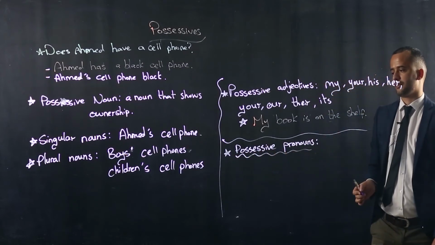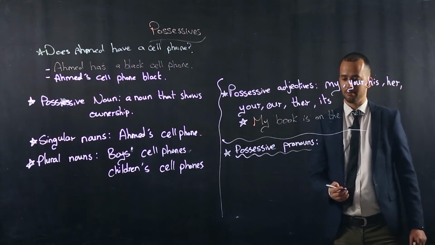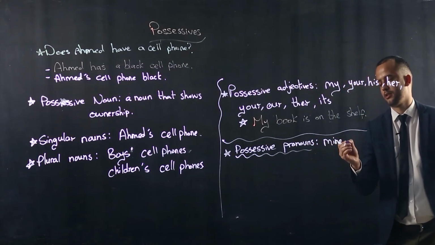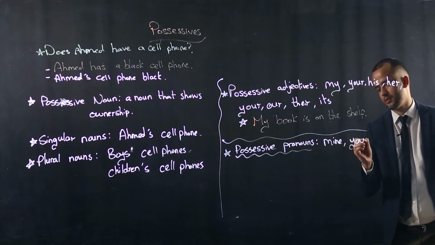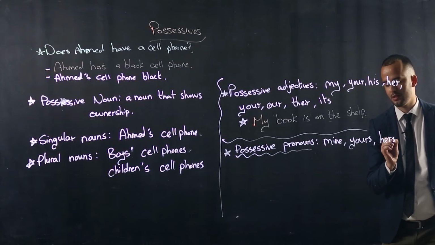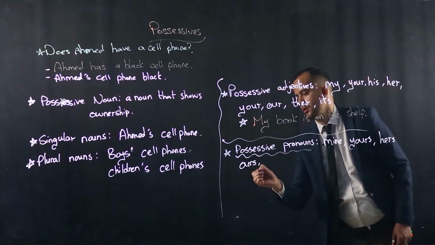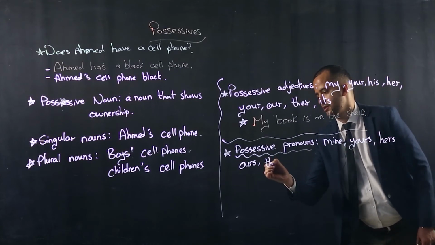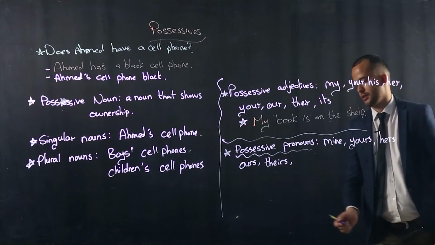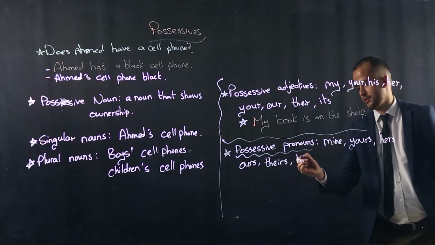Possessive pronouns. Okay? Now, possessive pronouns can be used also to show ownership, like, for example, mine, yours, hers, ours, theirs, and its.